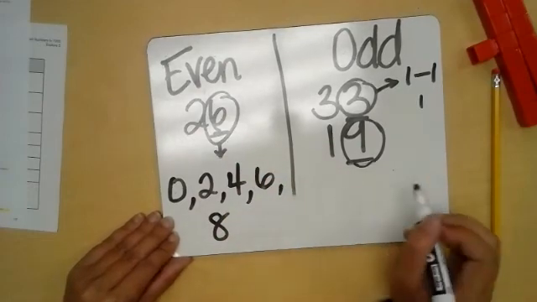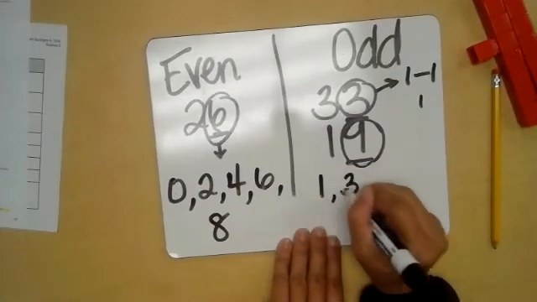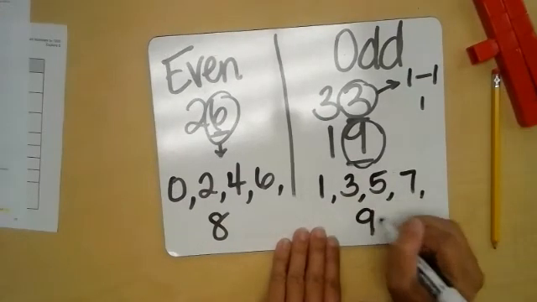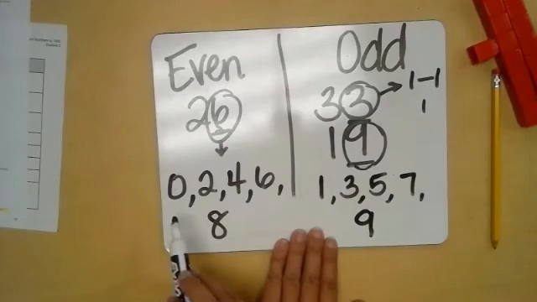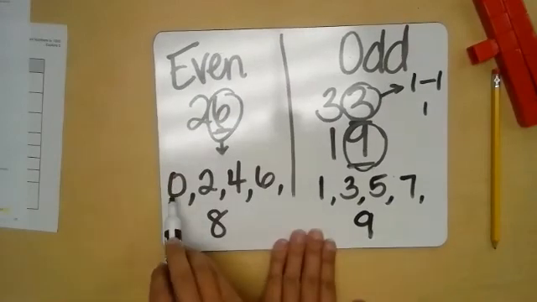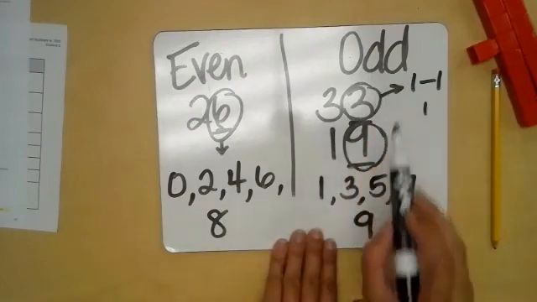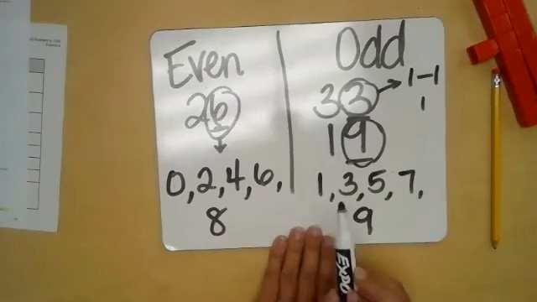We're skip counting. We're looking for the numbers 1, 3, 5, 7, and 9. We're gonna be skip counting by 2s for even. So 0, 2, 4, 6, 8. If it's odd, we're skip counting. 1, 3, 5, 7, and 9.